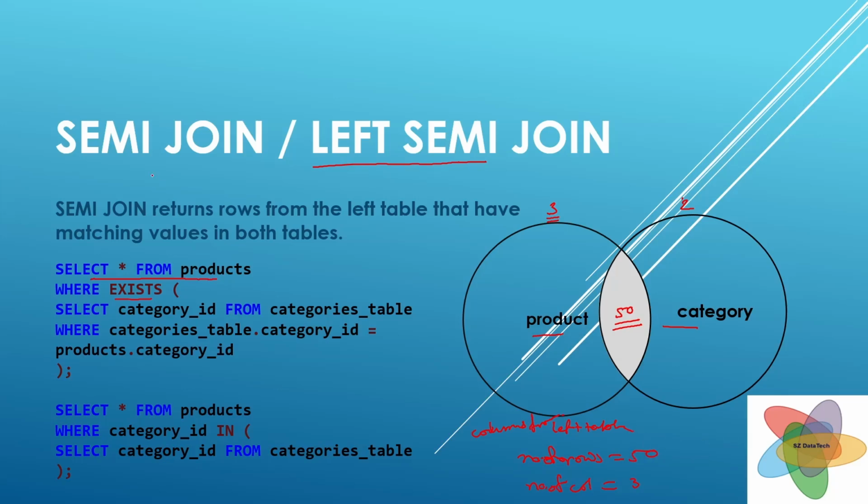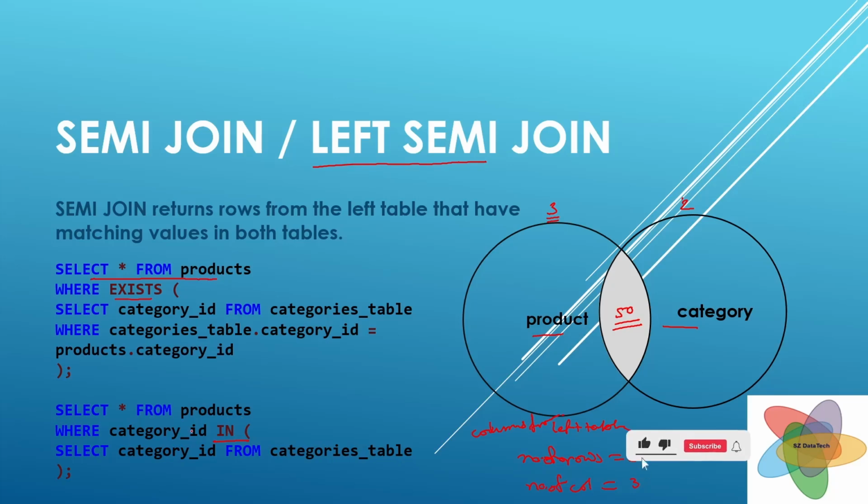Similarly, we can define this semi join using the in operator. Here we are using select star from product where category id in, and for this in we are providing the list of category ids from the category table.